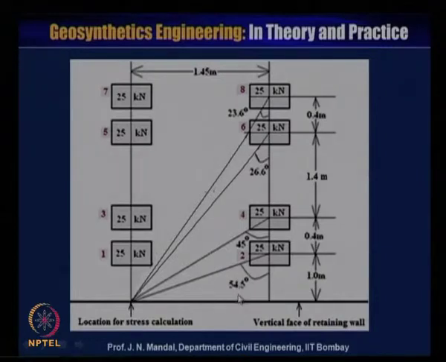And this angle is 50 for wheel load 2, this angle is 54.5 degree, this is 45 degree, this is 26.6 degree, and this is 23.6 degree. So these are all given.